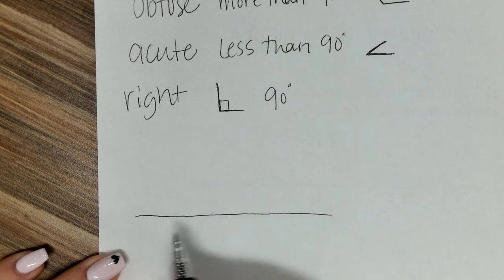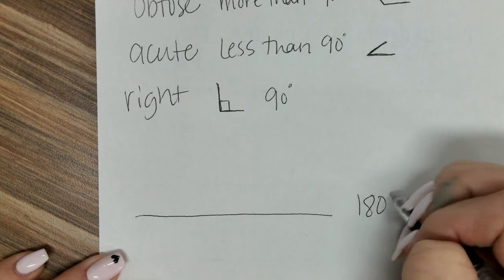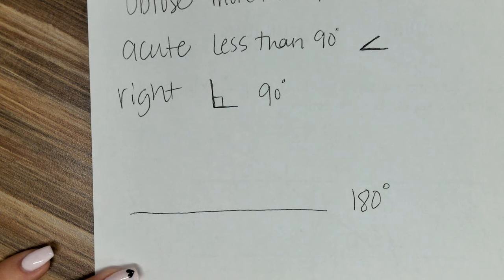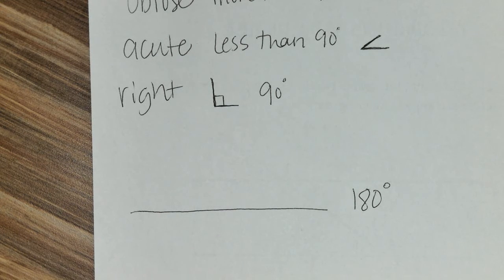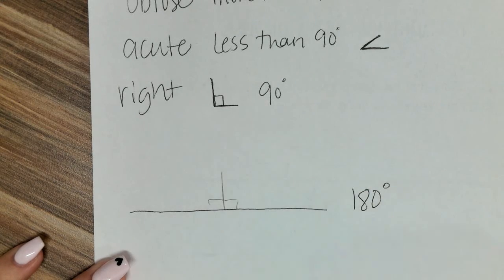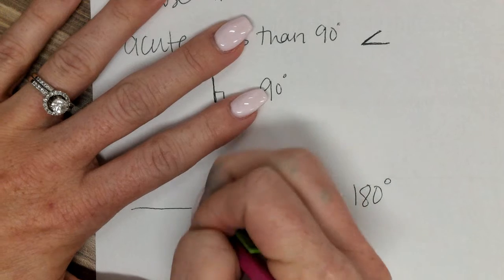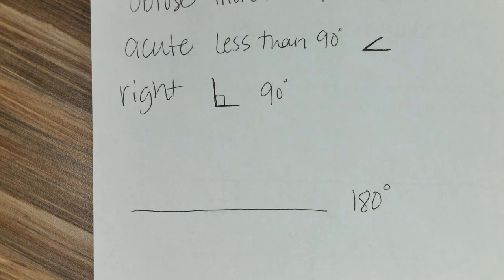What is the measure of a straight line? 180 degrees. How do you know that? Well, isn't that just 2 right angles put together? If I put this in the middle, isn't that a right angle plus a right angle? Yes. So anytime you have a straight line, it has a measure of 180 degrees.